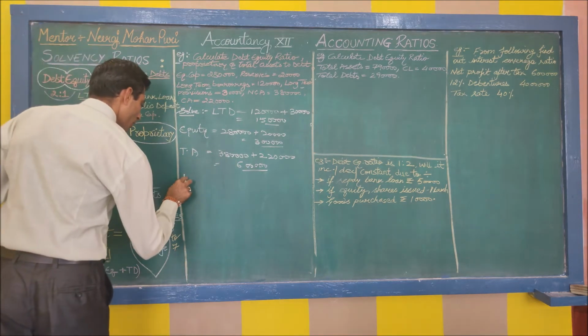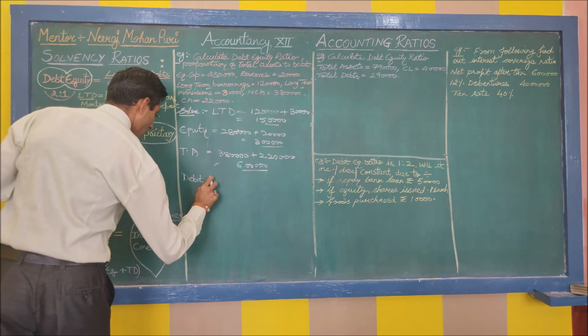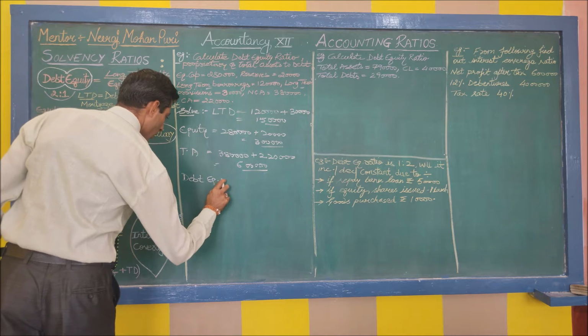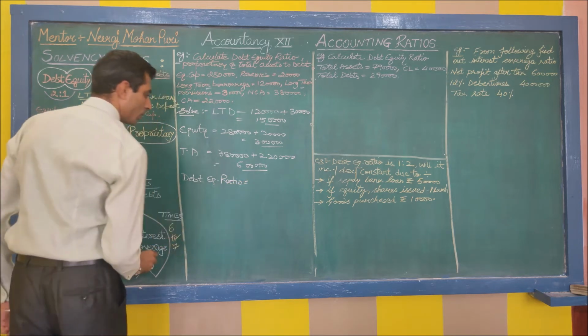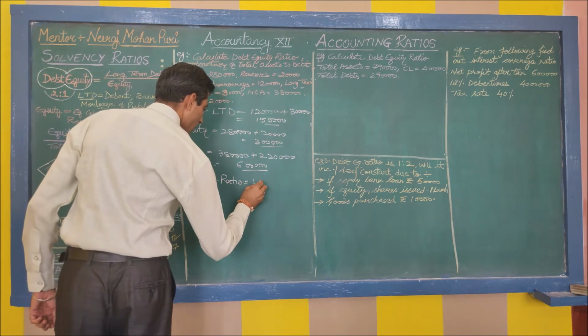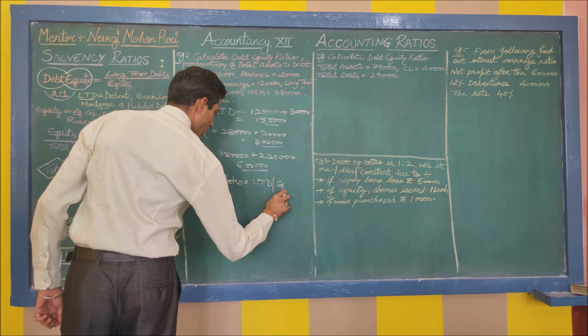Substituted one by one. First ratio is debt equity ratio. This is equal to long-term debts divided by equity.